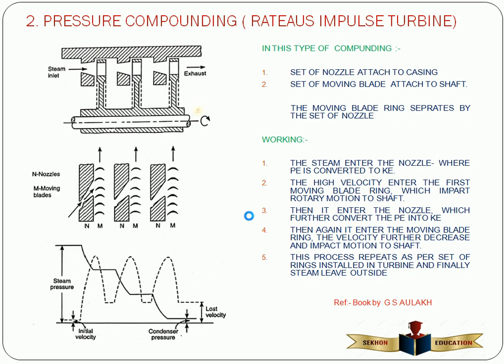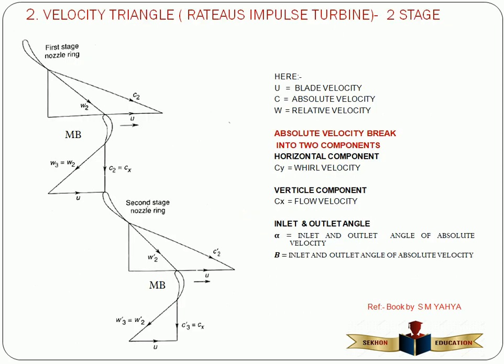Now we discuss the velocity triangle for this particular turbine. This diagram is again for the two-stage system. Here, above this first stage nozzle, we again get a medium triangle, that means it does not have absolute velocity or relative velocity parameters.